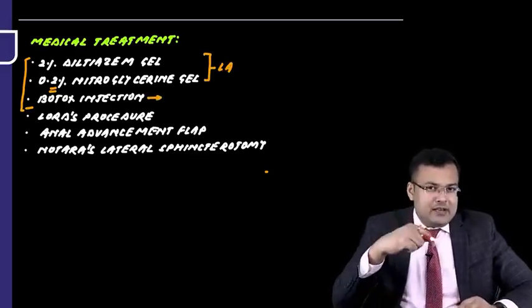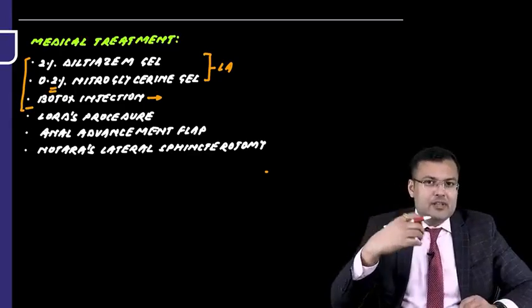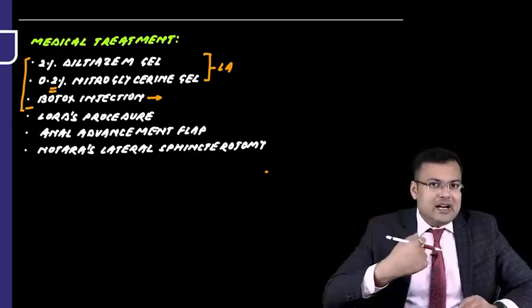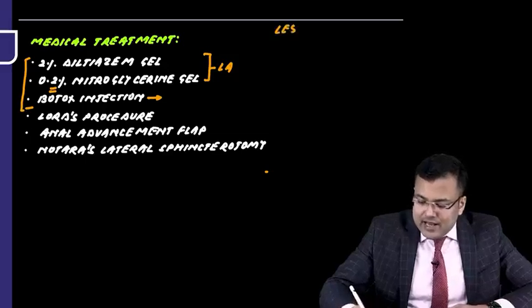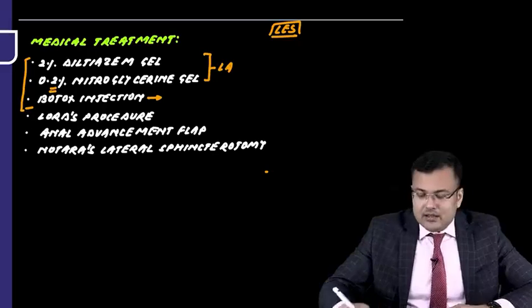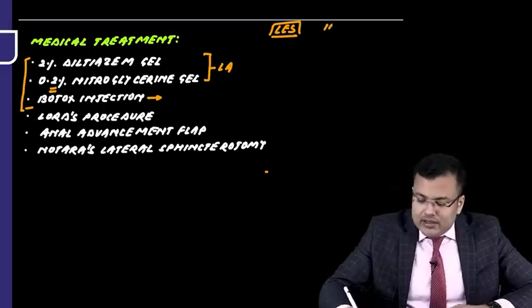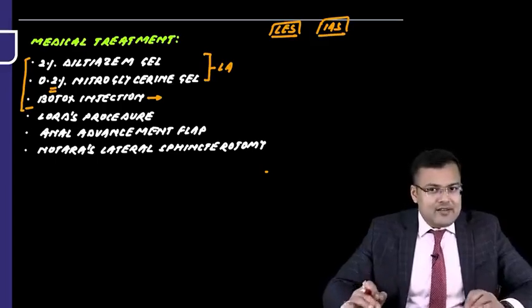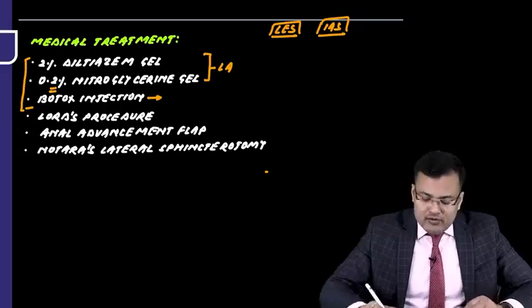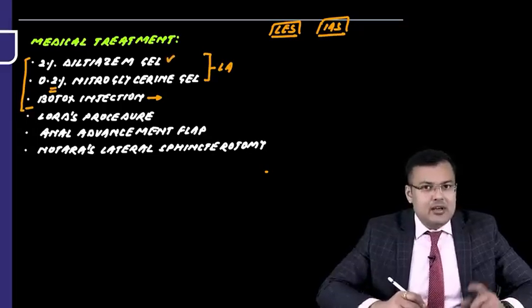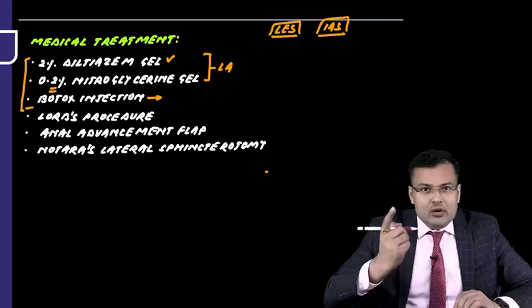If you remember, we discussed a similar situation in esophagus, and what was that condition? Achalasia cardia. In achalasia cardia, where was the problem? Absence of LES relaxation. In fissure in ano, there is spasm of internal anal sphincter, meaning internal anal sphincter is not relaxing. Both of these are smooth muscles. That's why in both we can give calcium channel blockers. There we were giving orally, here locally.